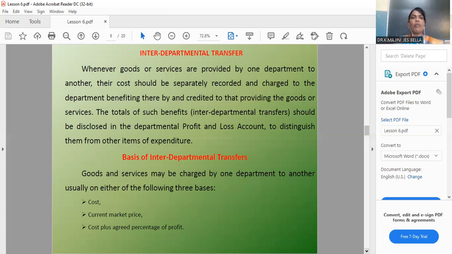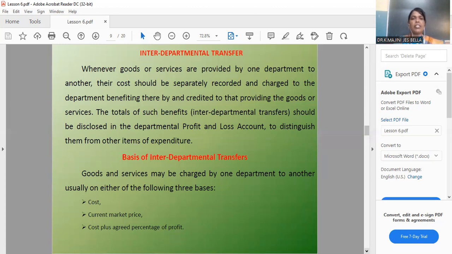The totals of such benefits should be disclosed in the departmental profit and loss account to distinguish them from other items of expenditure.